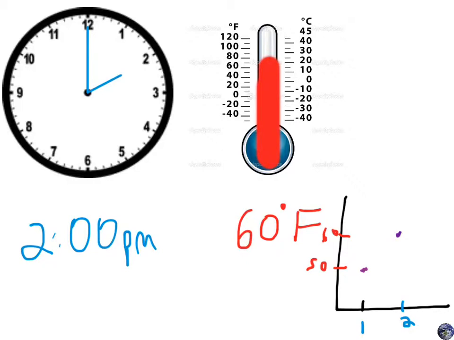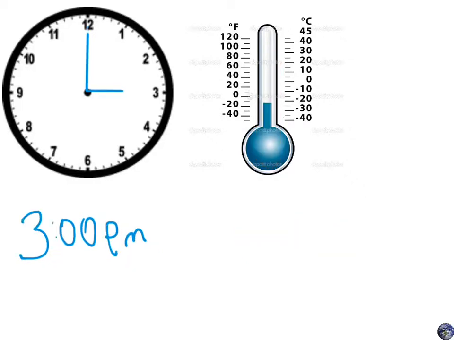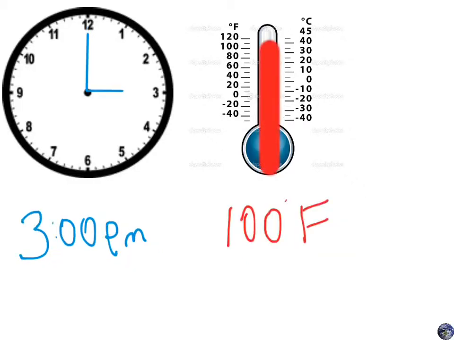And let's do one last temperature at 3 o'clock, and maybe at 3 o'clock it's 100 degrees. I know it's a little unrealistic for an outside temperature to have that much variance, but that's okay. Let's see what our graph looks like now.